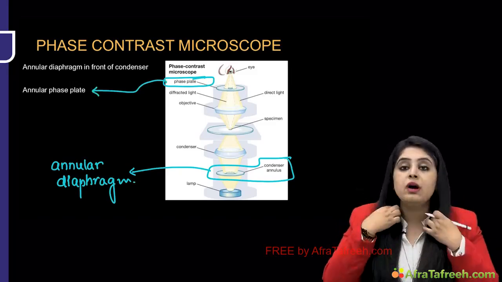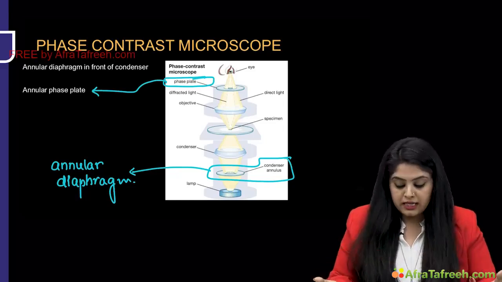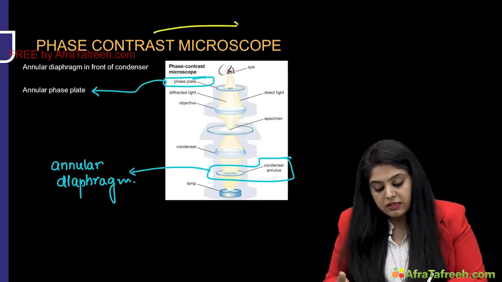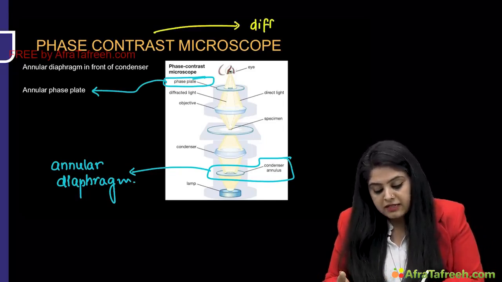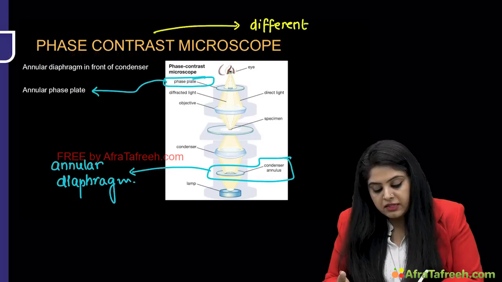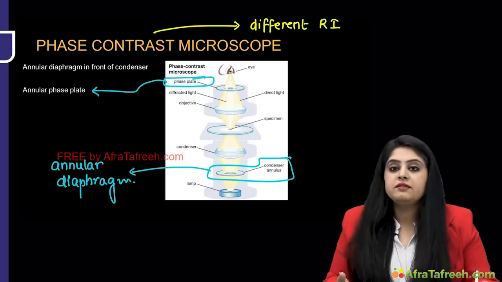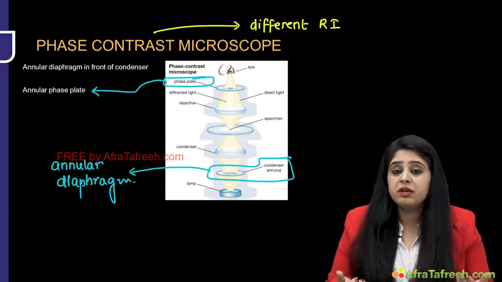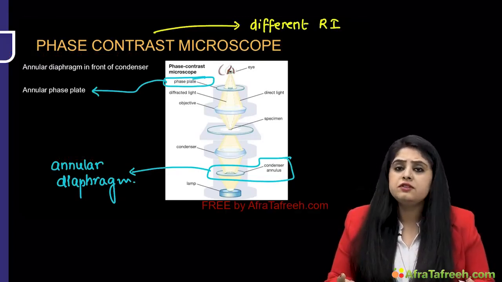You will obviously want to ask me, why are you creating any kind of difference in the phase at all? This is done whenever there are different refractive indices. That is when this microscope can be used. So why are there different refractive indices?